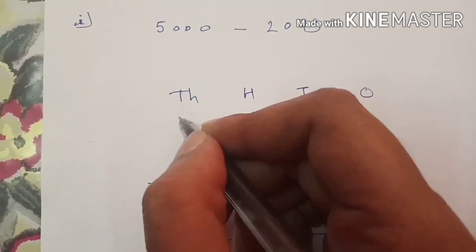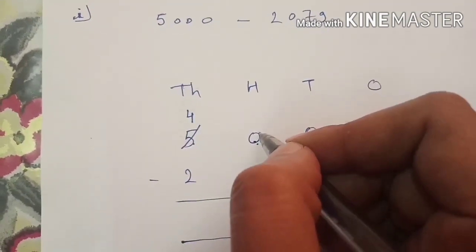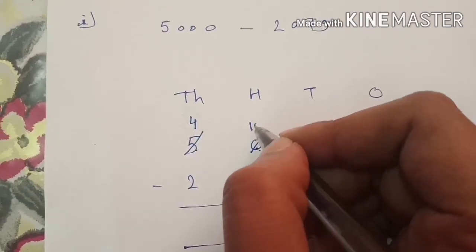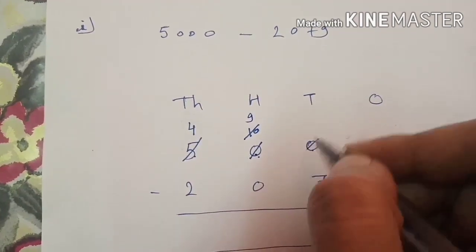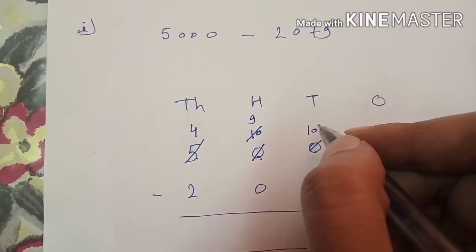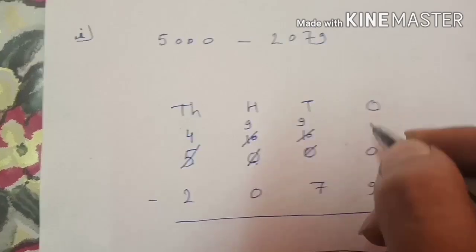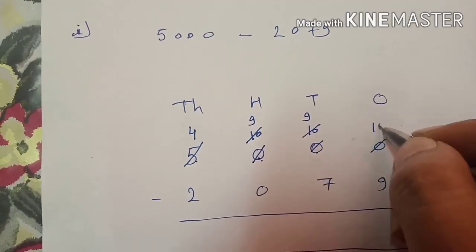So this 5 will become 4 and this 0 will become 10. Now this 10 will become 9 and the next 0 will become 10. Again this 10 will become 9 and this 0 will become 10.